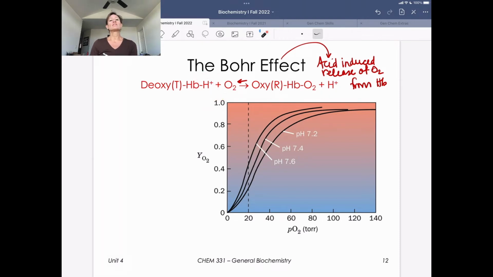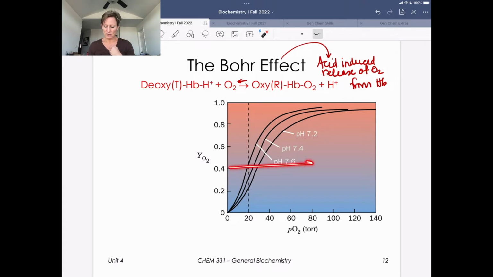We are going to now protonate our hemoglobin molecule. We haven't gotten into the structural details of where or how it's protonated. And again, understanding that it's not that protons and oxygen bind in the same place, but they are mutually exclusive. So if you protonate hemoglobin, it has a shape that now is not conducive to binding oxygen. It is T state.